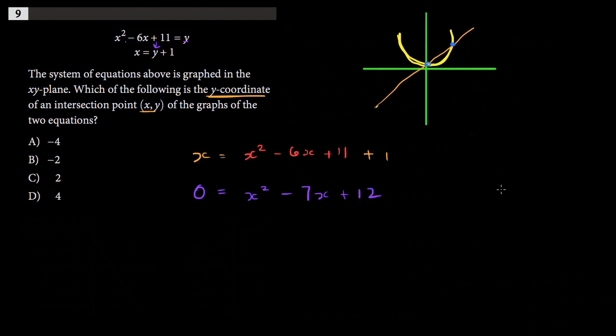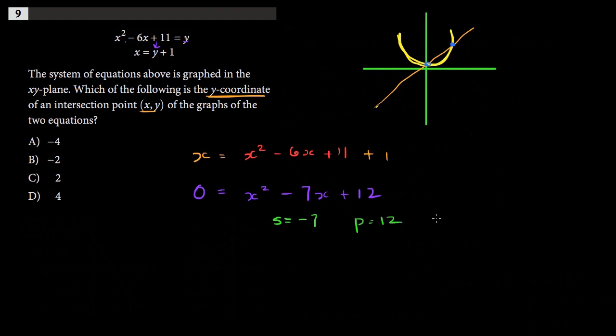Now we can either use the sum and product method or the quadratic formula to find the solutions for x. I'm going to use sum and product. If you're unfamiliar, it means I have a sum, which is the coefficient of x, minus 7, and a product, which is the constant term, 12.